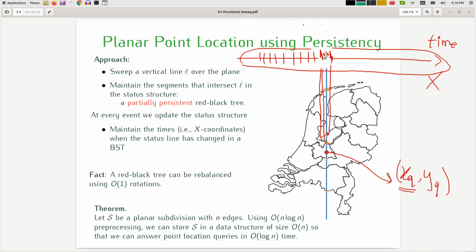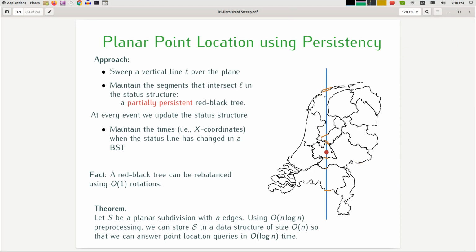So there are no event points. Therefore the combinatorial structure of this tree is essentially the same. So I could use the red-black tree that exists at this point in time to query this point. By finding the predecessor of this query along this axis, I could find, for example, this line segment and this line segment. And as before, by following the face pointer of those edges, I could find the face that contains the query point.